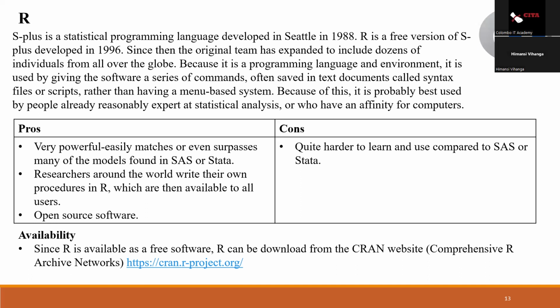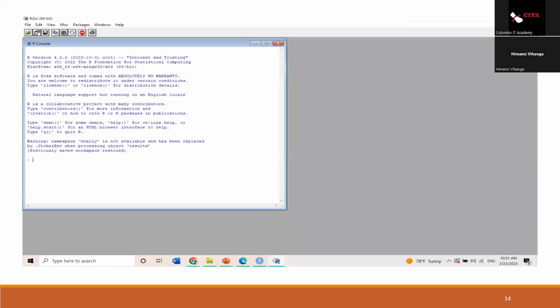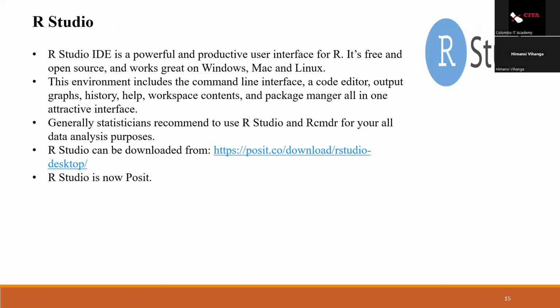So this is the interface of R, and then we will come to learn RStudio, which is the user-friendly interface of R. So talking about RStudio, it is also free and open source statistical software, and you will also be learning RStudio along with R. But just recently, the name of RStudio has changed to POSIT.